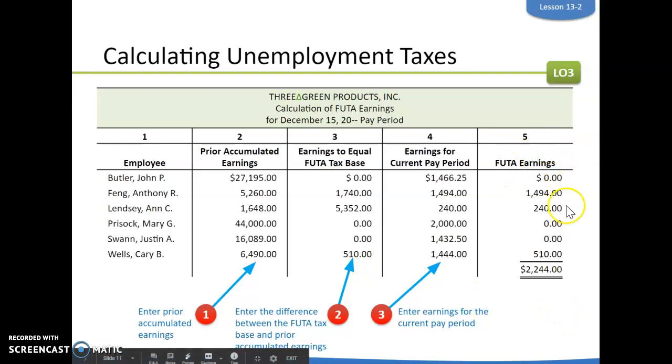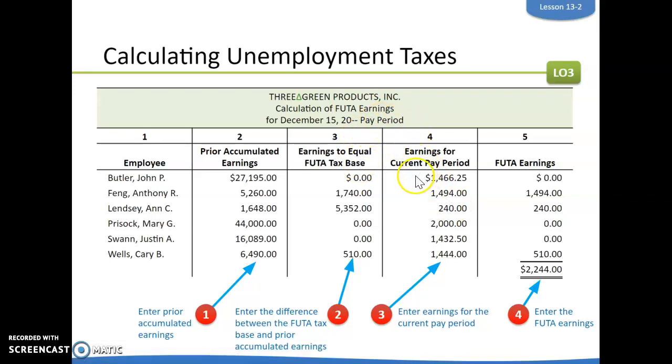So how we figure out this one over here, number 5, is you're going to look at the smaller number between columns 3 and 4 here. So if you look here, 0 is the smaller number. Well, 0 is what they've earned here. They've already hit that tax base. Over here, we have 1,740 and 1,494. They haven't quite reached that 7,000, but this is what they've earned this pay period. So that's going to be what my FUTA earnings are here.